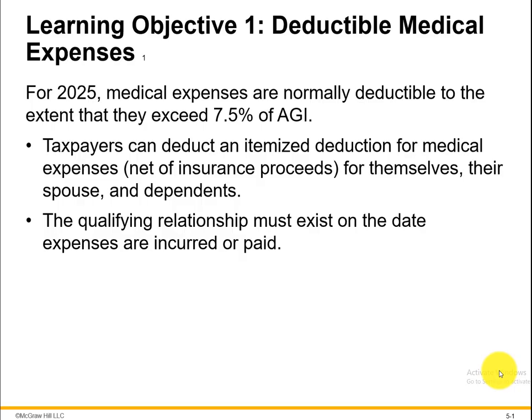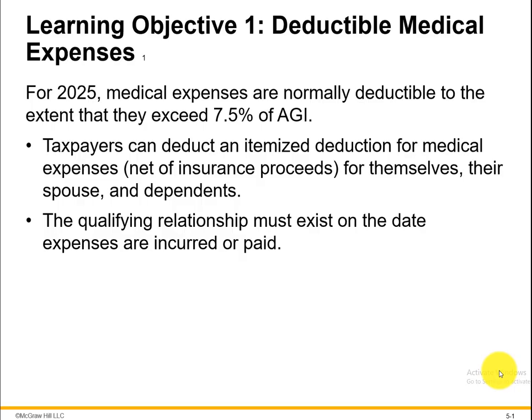So you don't want to just compare it to the basic standard deduction. You have to compare it to the basic plus the extra. Only if our itemized deductions exceed that do they benefit us in terms of a tax deduction. So yes, medical expenses are deductible if together with other itemized deductions they exceed our standard deduction.